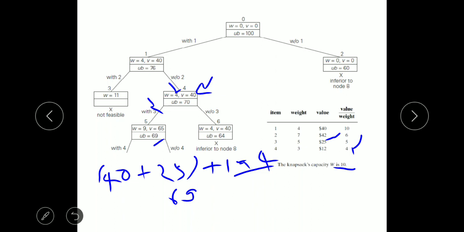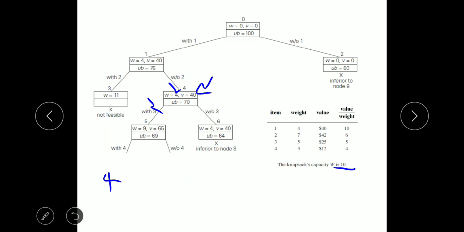Right? Similarly, let us now calculate the upper bound for not including item 3 into the knapsack. So when you do not include item 3 into the knapsack, then the weight remains equal to 4 itself from the previous step, and the value also remains 40 itself from the previous step. So then what is the upper bound? Upper bound becomes 40, that is value from the previous step, plus the remaining capacity of the knapsack: when 4 is consumed, you are left with 6 more spaces.